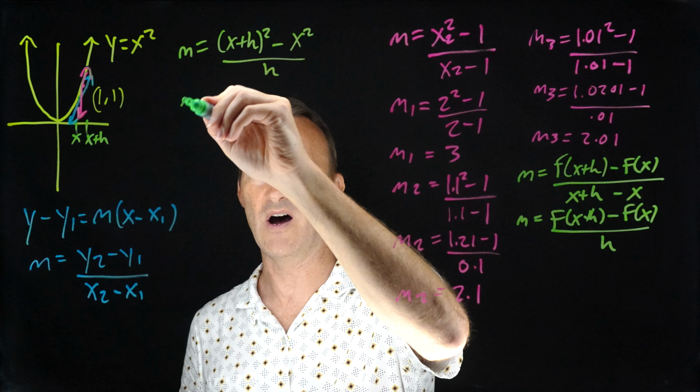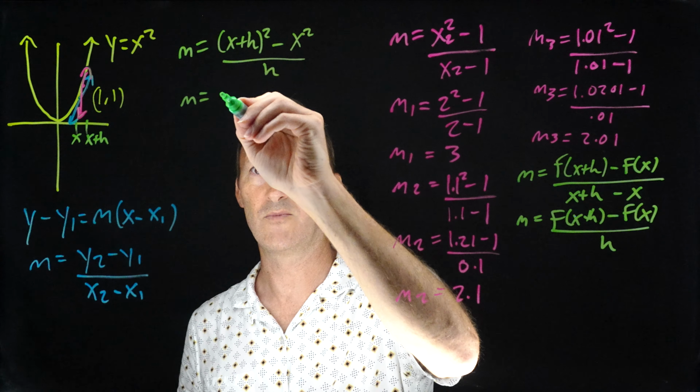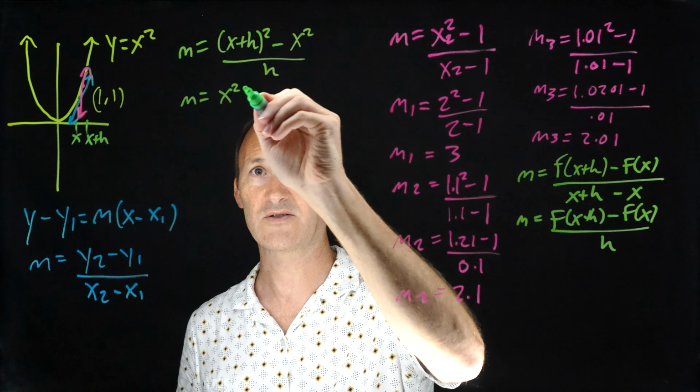Now we can simplify by multiplying out. We get x squared plus 2xh plus h squared minus x squared, all over h. Now you can see that the x squareds cancel, and we are left with 2xh plus h squared over h.